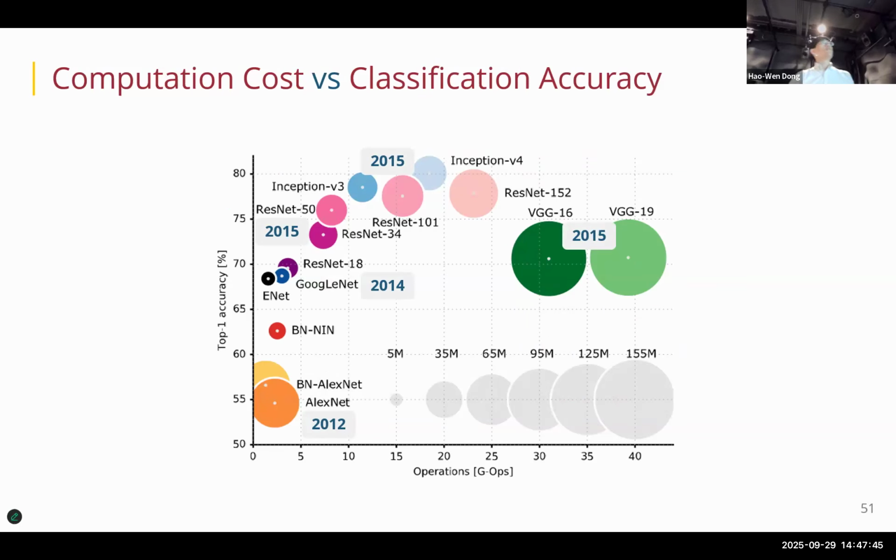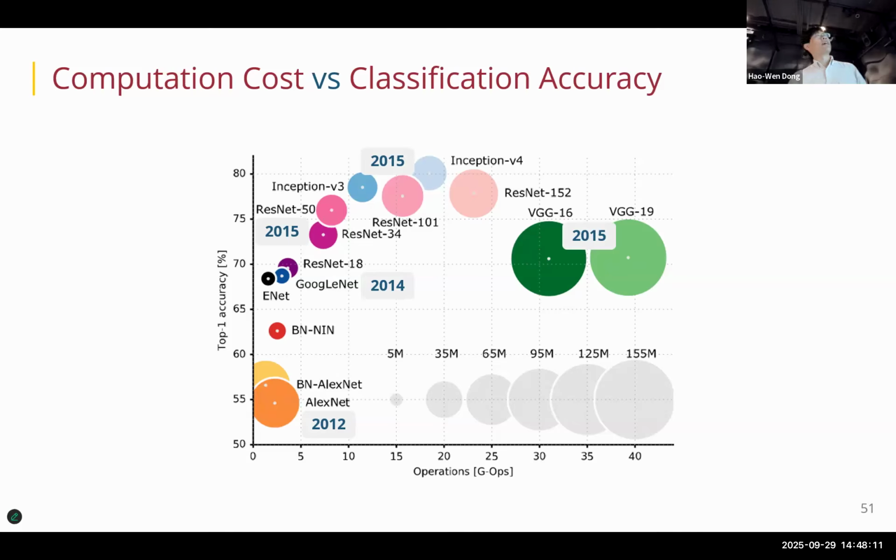So this is also one of the plots that people usually look at. The x-axis is the number of operations, that's how much computation it requires to work with the neural network. So this is not model size, but how computationally intense it is.